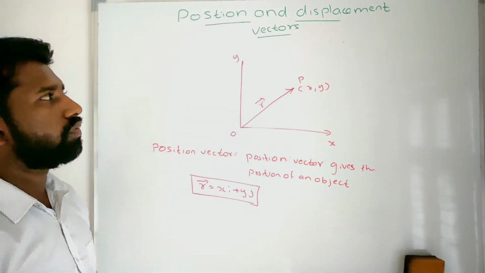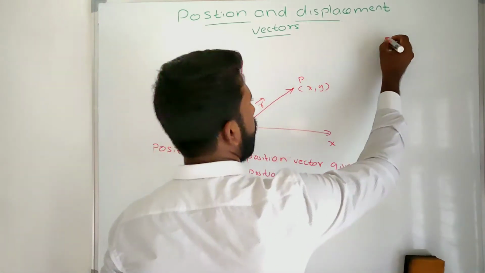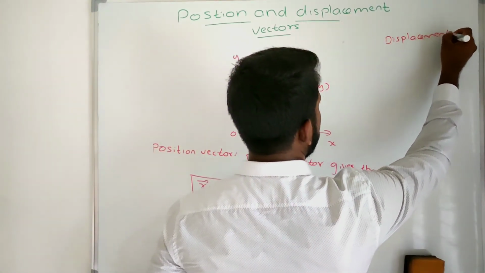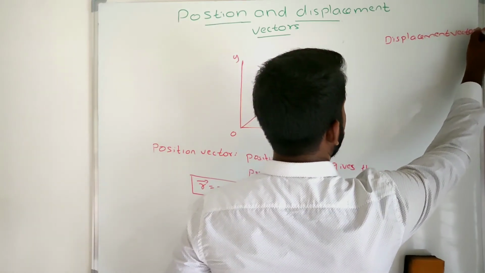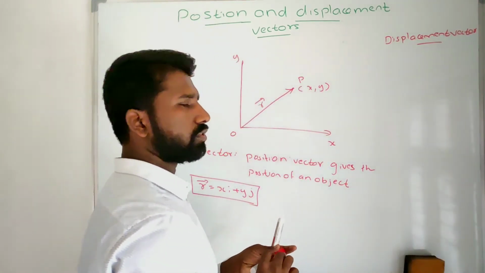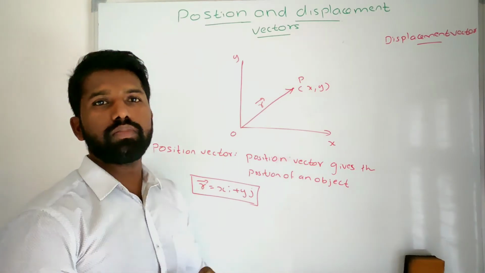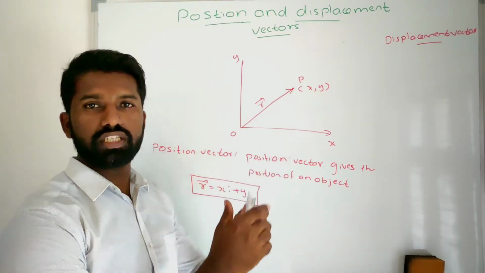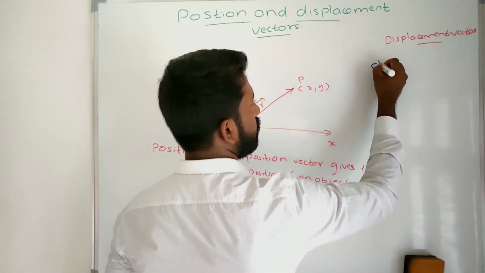Now we will see what is displacement, or the displacement vector. What is displacement? Displacement is the change in position of an object in a specific direction.